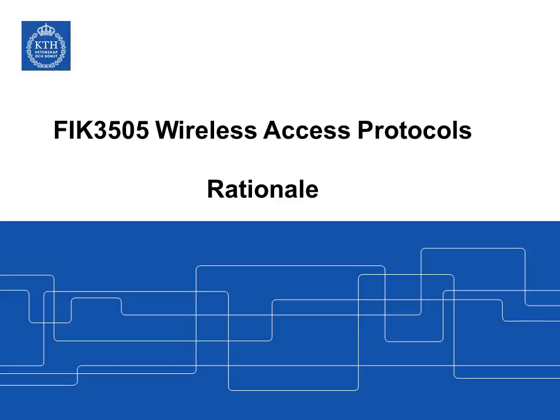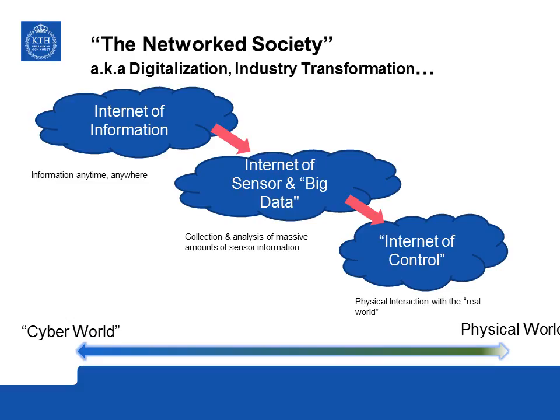We now have a look at the rationale behind the wireless access protocols. Why are they needed and what are the different applications they can be used for? In recent years we have seen the network society evolve. One can say this has happened basically in 3 stages.